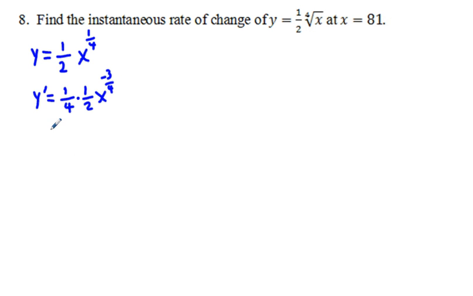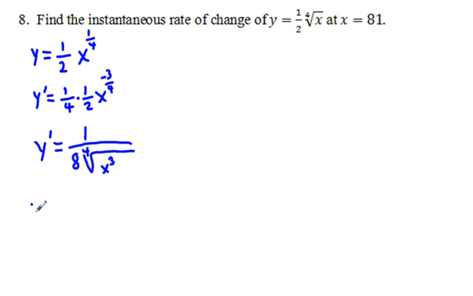And combining and writing this function back in radical form, 1/4 times 1/2 is going to be 1/8. And this x to the negative 3/4 power is going to come down here in our denominator as a fourth root, and x cubed inside the radical. And now we're going to go ahead and plug in 81 for x.